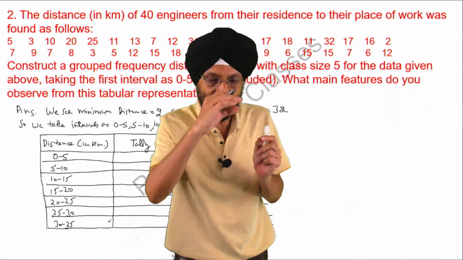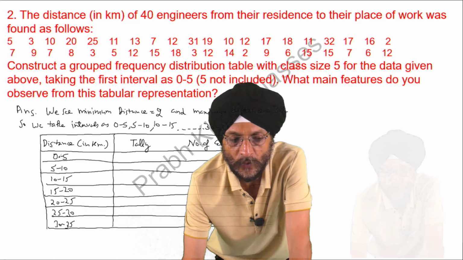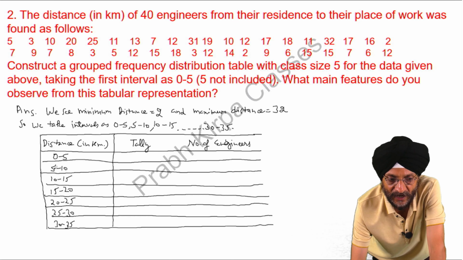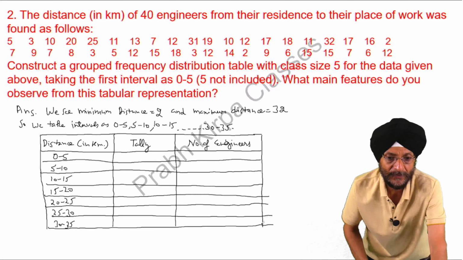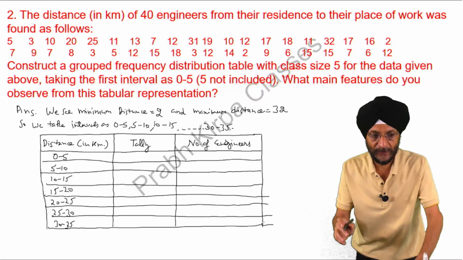We have mentioned them in groups, that is, all the engineers who travel up to 5 kilometers will be mentioned here, and all the engineers who travel from 5 to 10 kilometers will be mentioned in the next group. So here it will be the tally, and this will be the outer form of the table.